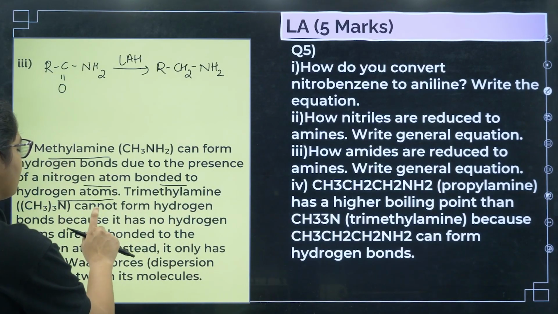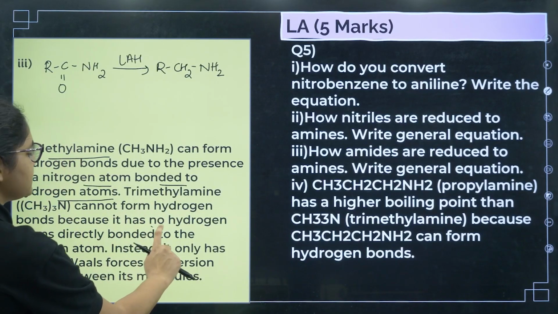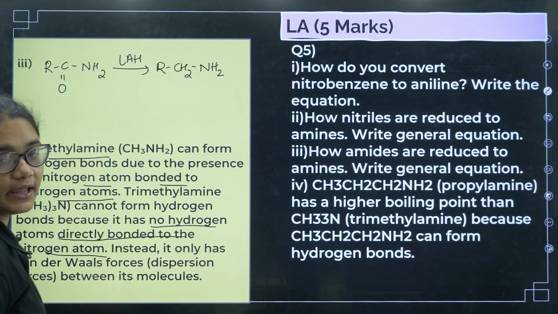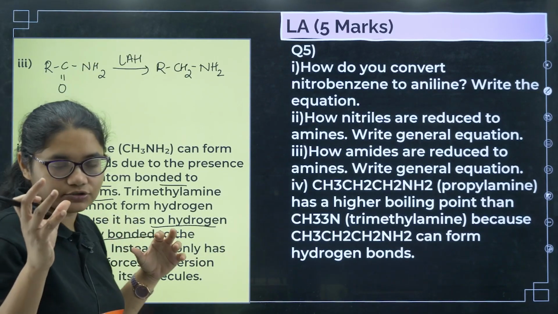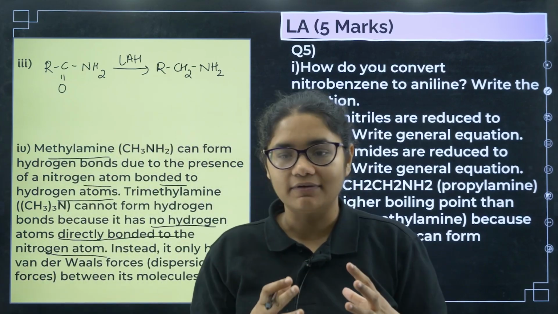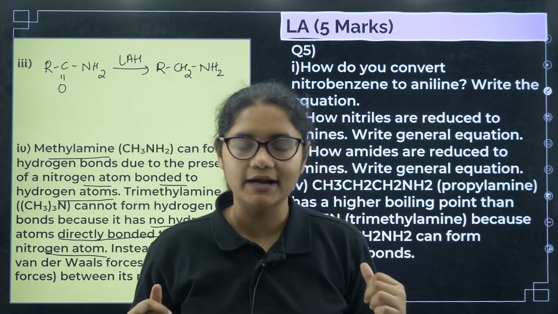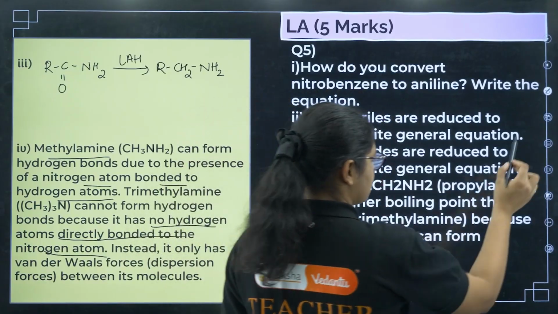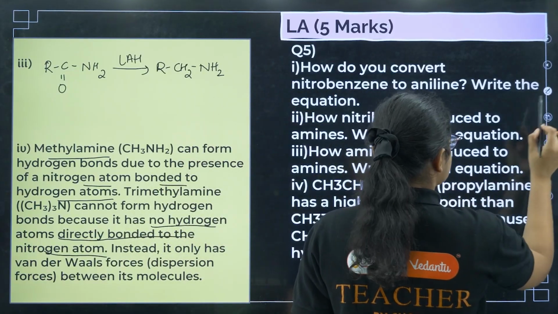Trimethylamine cannot form hydrogen bonds because it has no hydrogen directly attached to the nitrogen atom. You need a hydrogen attached to an electronegative atom to form a hydrogen bond, right?